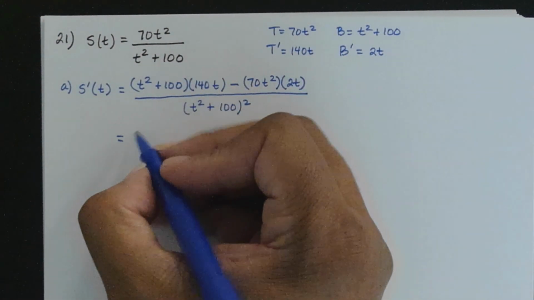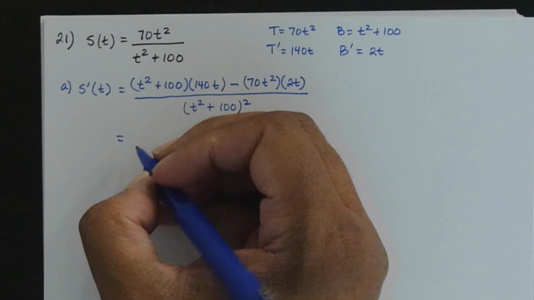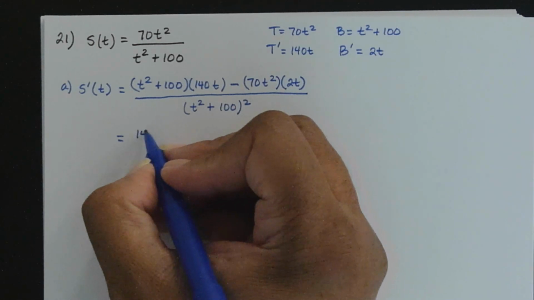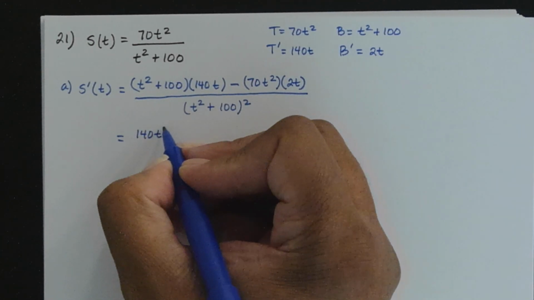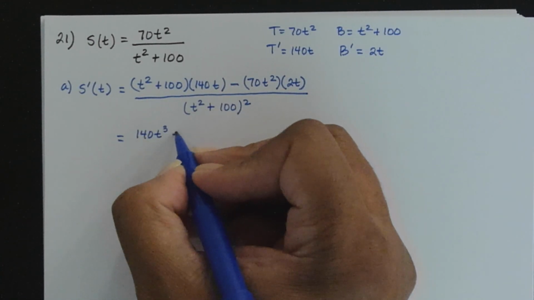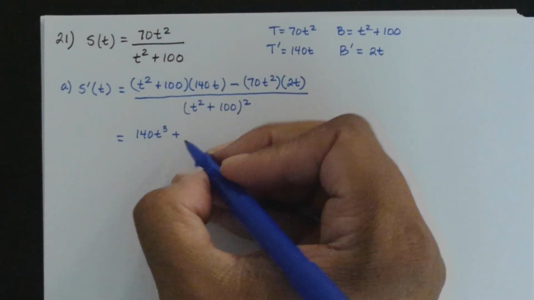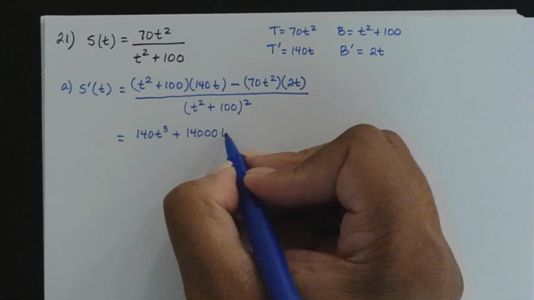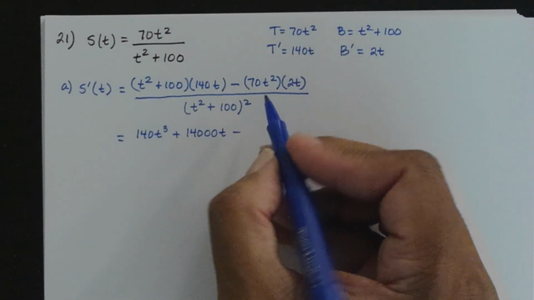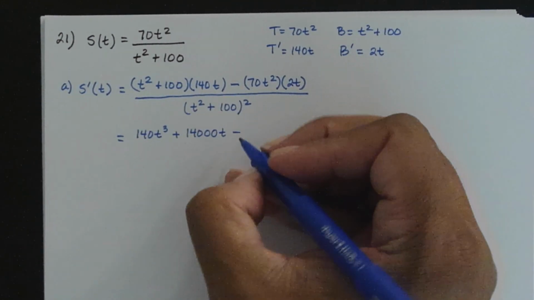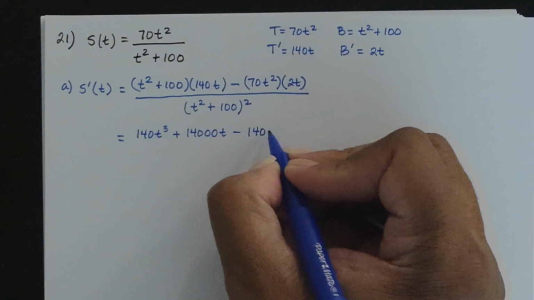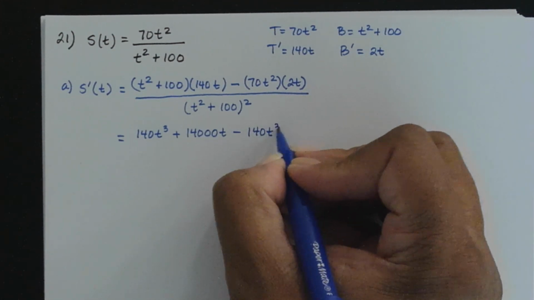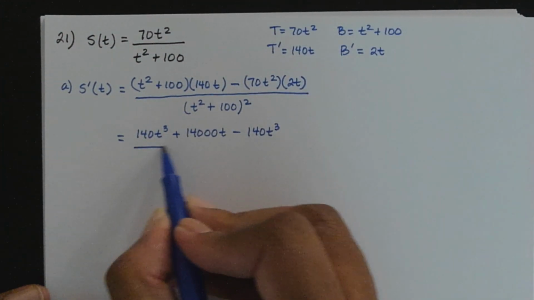140t times t squared will be 140t cubed, plus 140t times 100, that's 14,000t, minus 70 times 2 is 140, and t squared times t is t cubed.